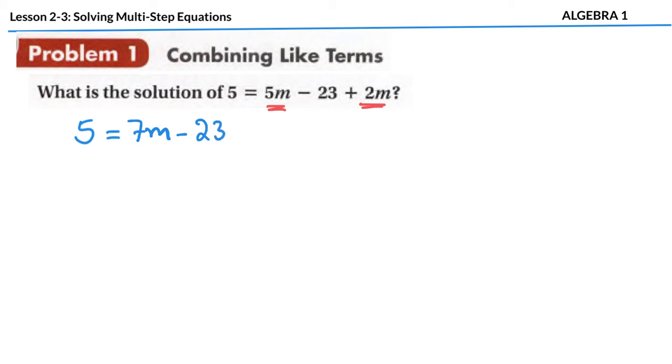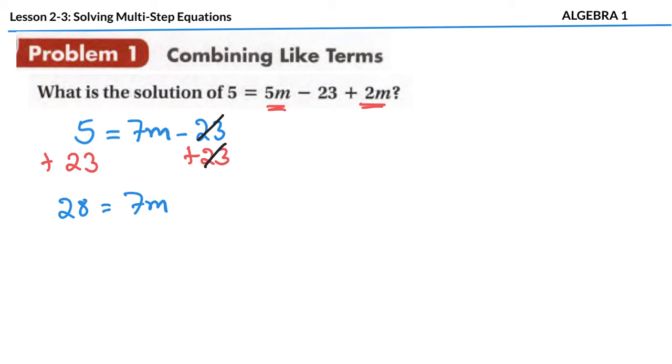Now from here it's pretty easy to proceed. How will I remove minus 23? I will add 23 on both sides, so that this cancels and we are left with 23 plus 5 is 28, is equal to 7m. Now how will I remove 7 that is multiplied by m? We learnt it in the previous lesson.